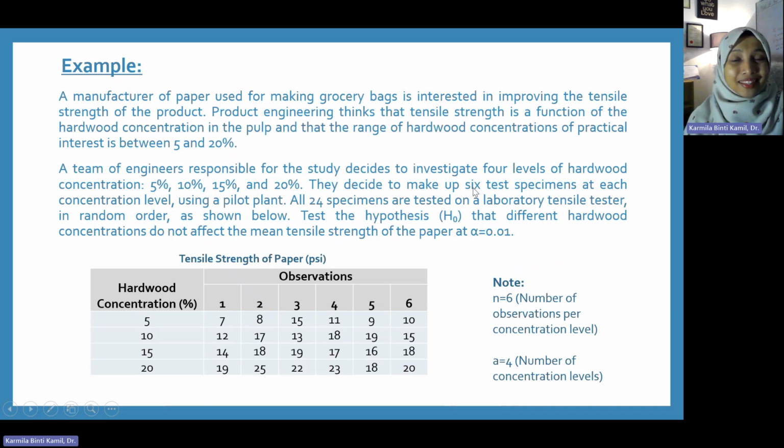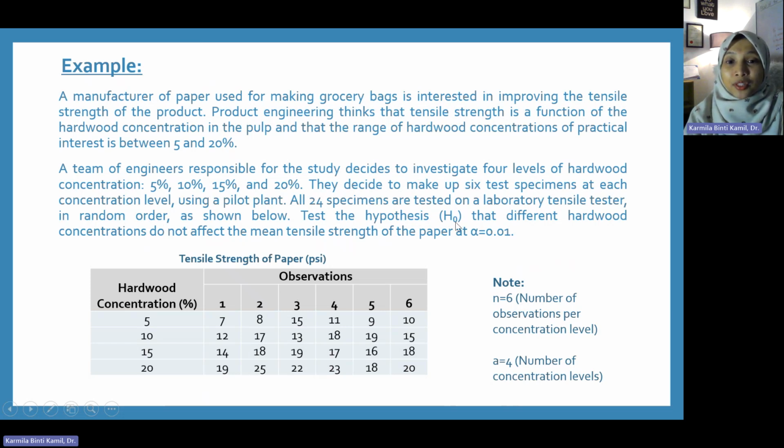What is it for? 6 tests refers to the number of observations. They decide to make up 6 test specimens at each concentration level using a pilot plant. All 24 specimens are tested on a laboratory tensile tester in random order as shown below.